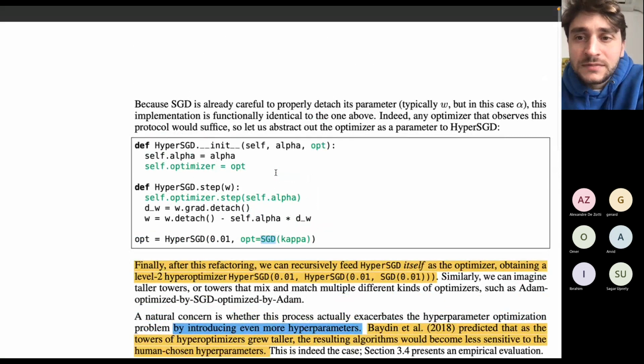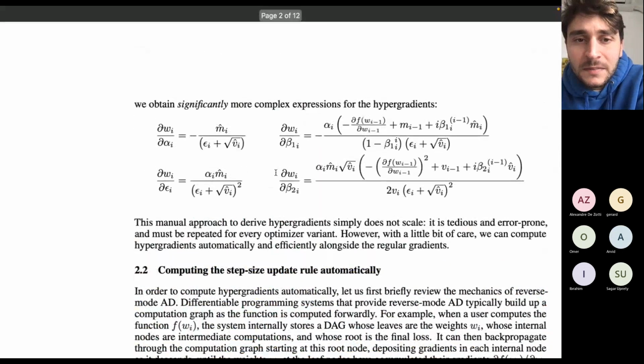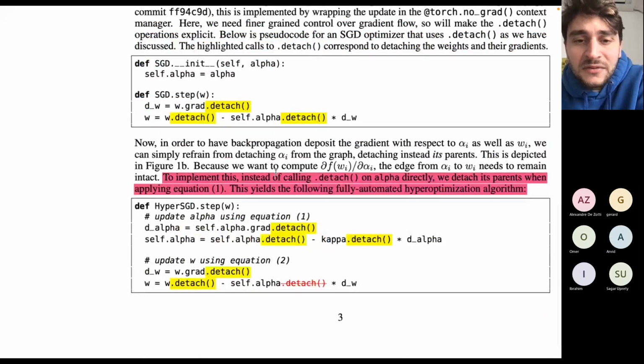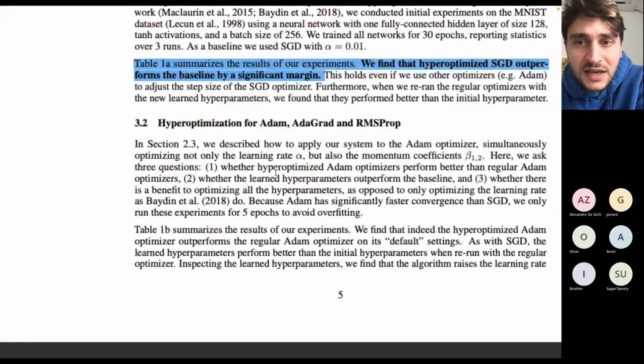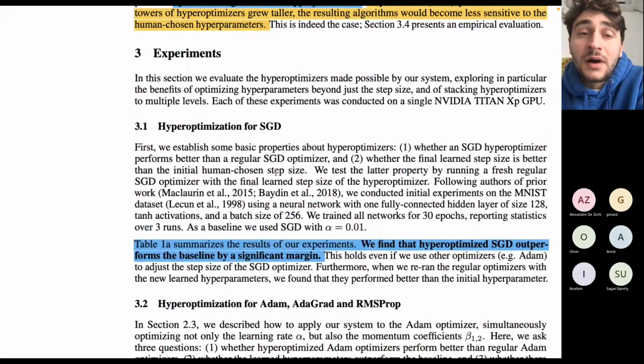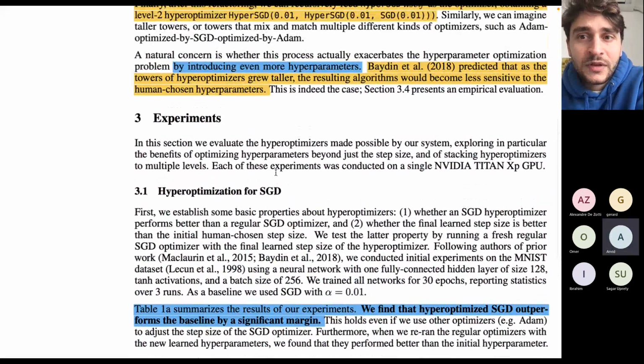And so that's the idea in the paper. The benefit that they really highlight is that it makes training the models less sensitive to hyperparameter tuning.